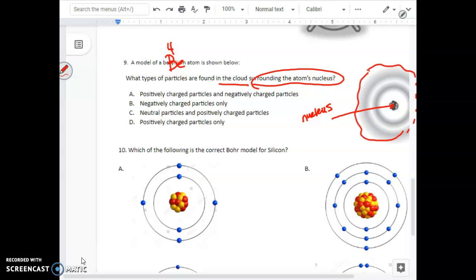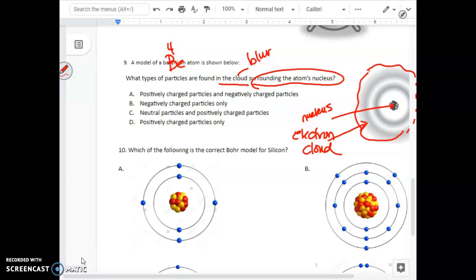The reason it is called a cloud is because it's a blur. Things are moving at the speed of light. So what moves at the speed of light? Those are electrons. So this is literally called an electron cloud.